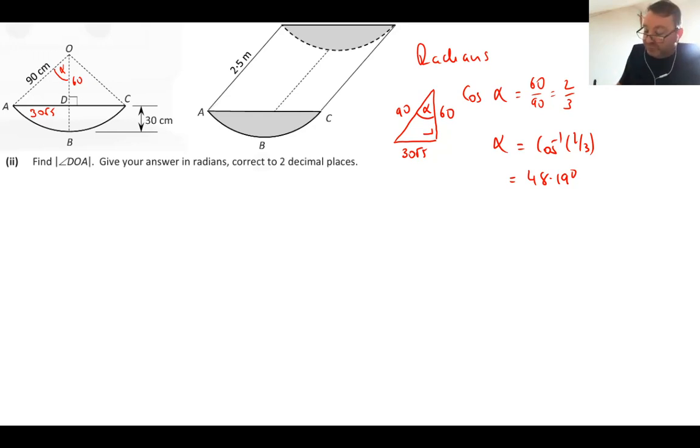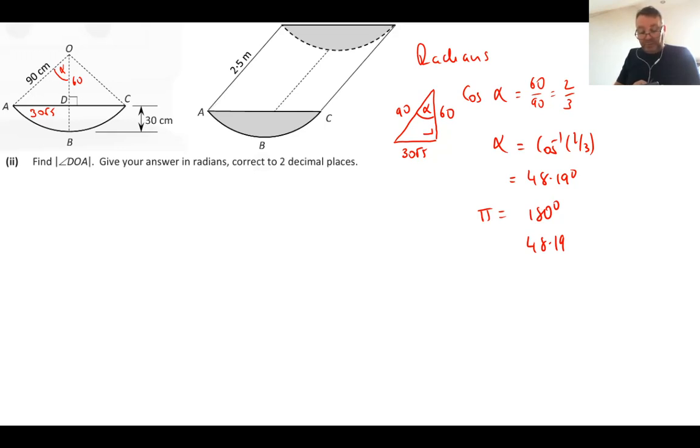There is a relationship that says that pi radians is 180 degrees. So if you were asked to get this answer down into radians, you would put 48.19 below that. You would take that multiplied by pi, so it would become 48.19 times pi over 180, and you can do that on your calculator quite easy.